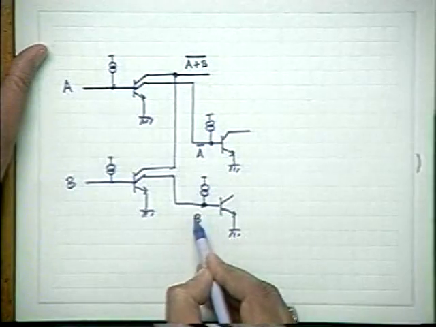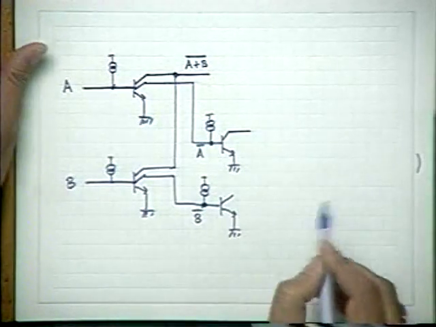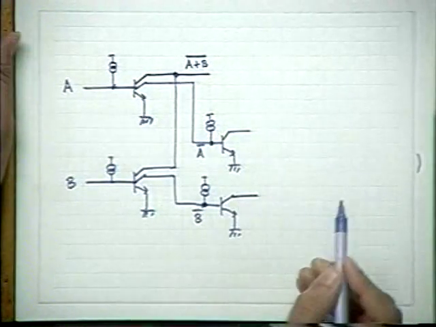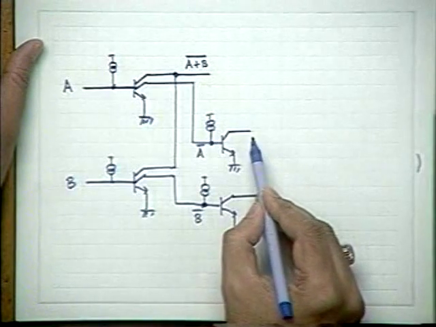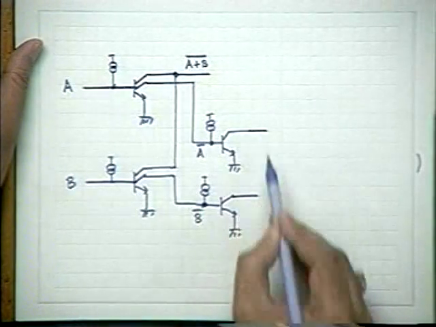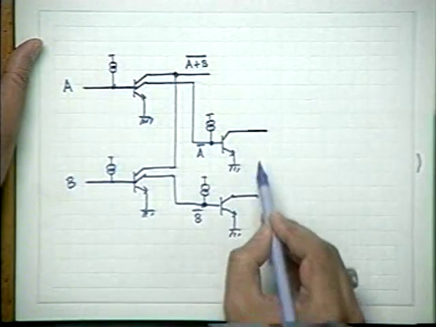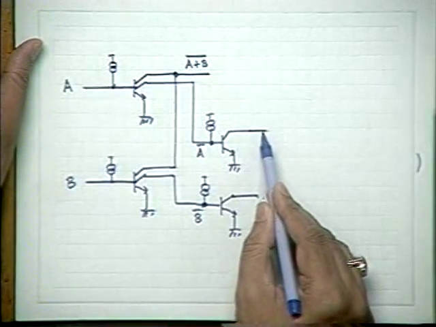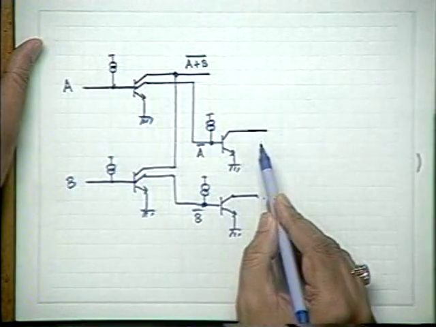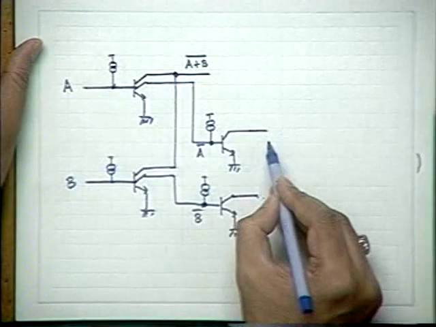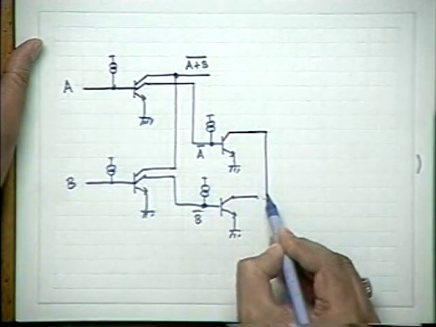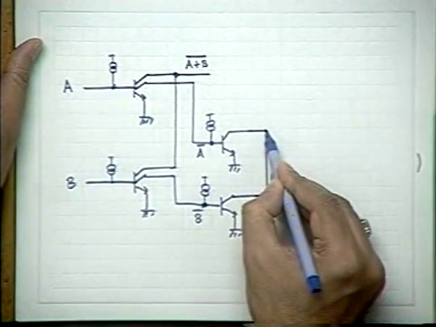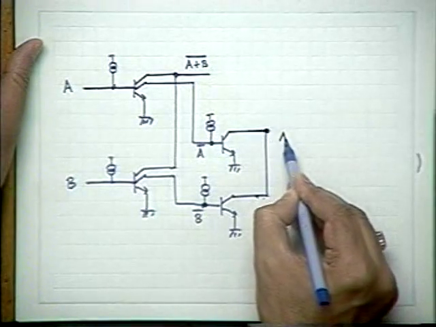You are producing B bar here. Wire them, and what will you get here if you just wire them? You get AB. You get AB produced. Just wire them, and you are getting AB at this point.